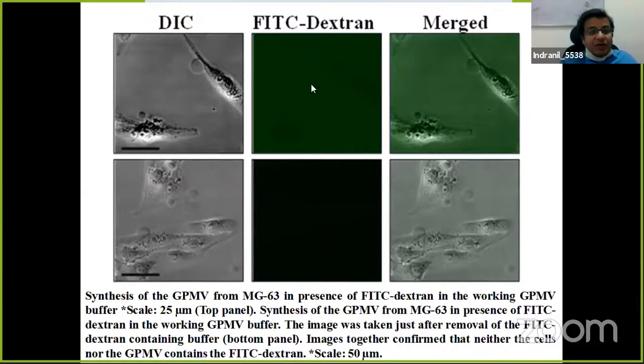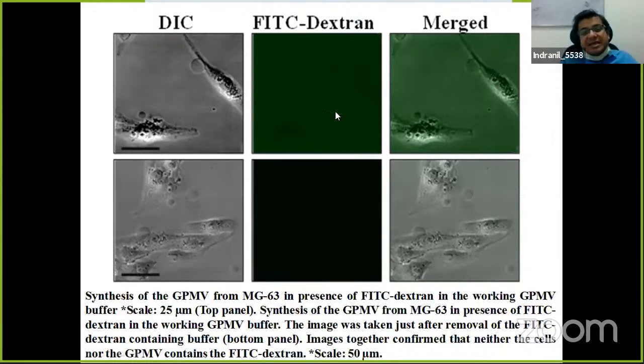Then we checked another way whether the GPMBs generated are leaky in nature or not. To test that, we synthesized these membrane vesicles in the presence of FITC dextran. We mixed the FITC dextran in the GPMB generating solution.